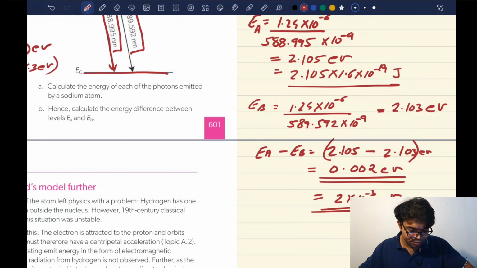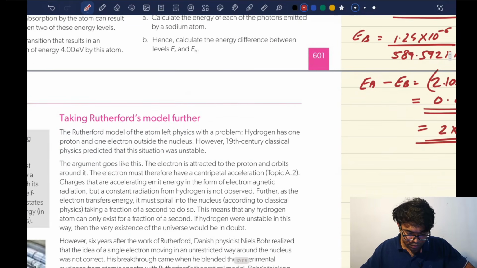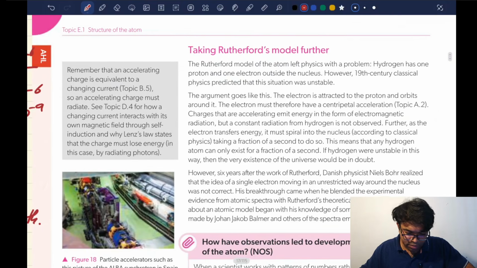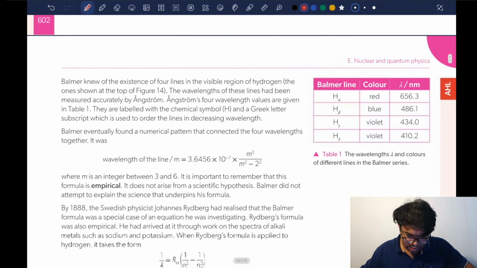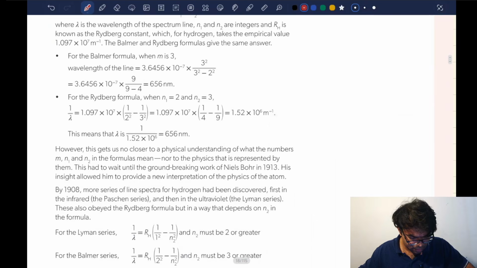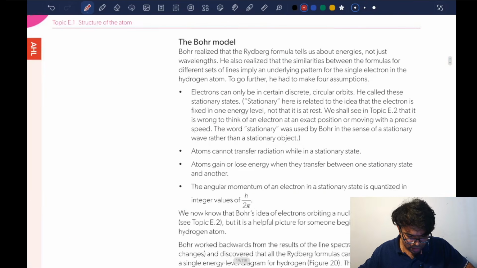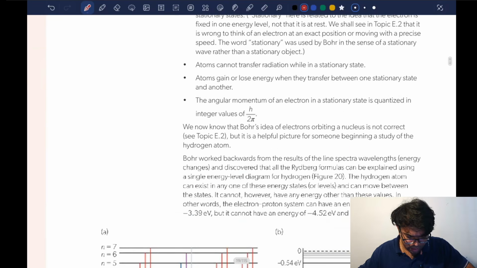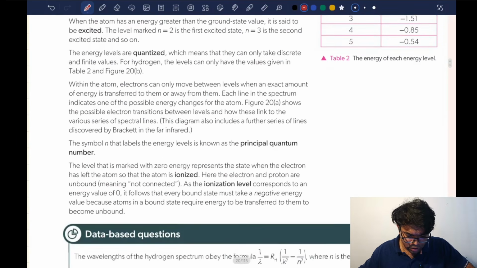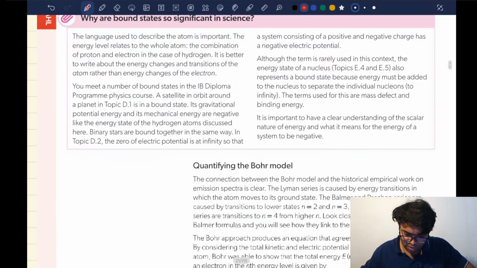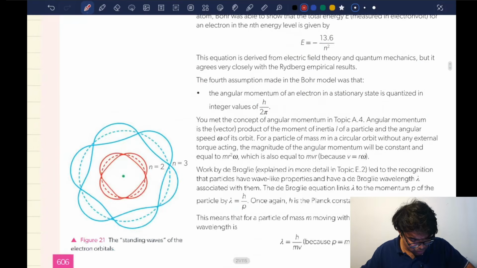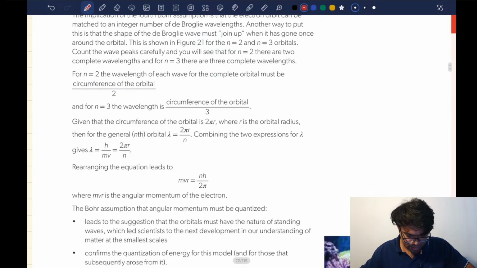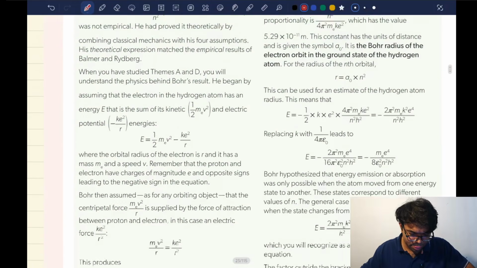Correct? Okay. So, the next topic, taking Rutherford's model further, Bohr's model. This is all AHL. You should actually learn this; it is actually good for you.